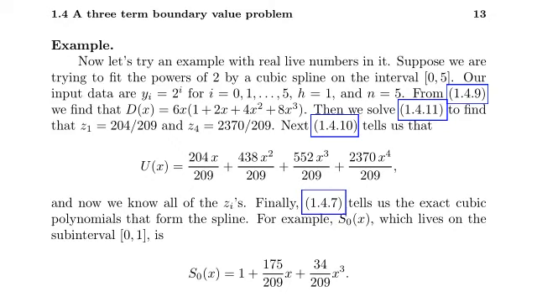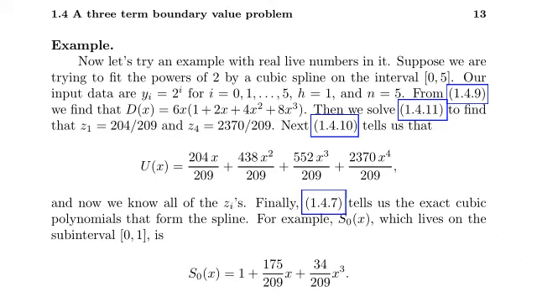Alright, so we're on to the last part of section 1.4, the example. Now let's try an example with real live numbers in it. Suppose we are trying to fit the powers of 2 by a cubic spline on the interval 0 to 5.